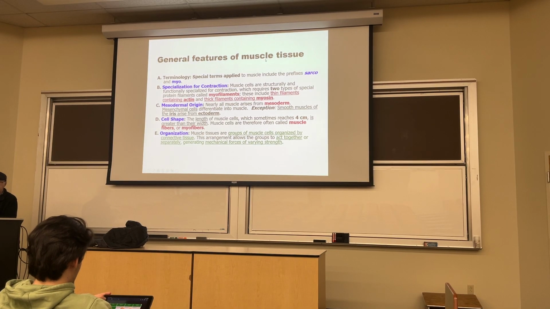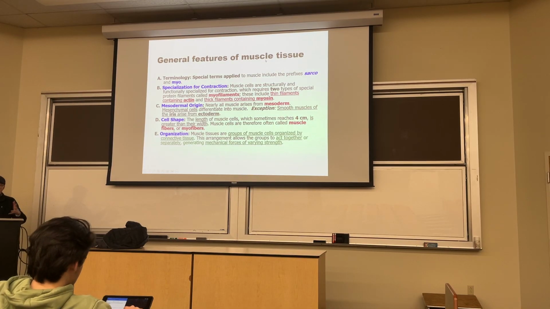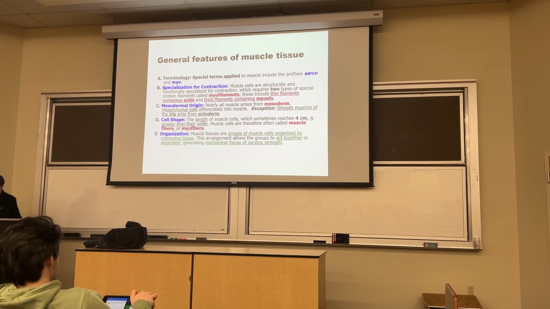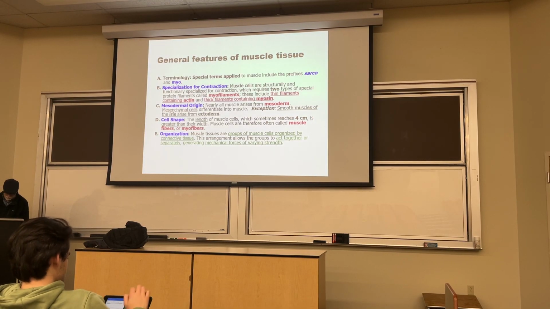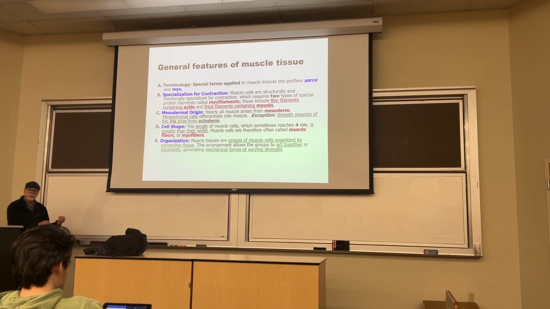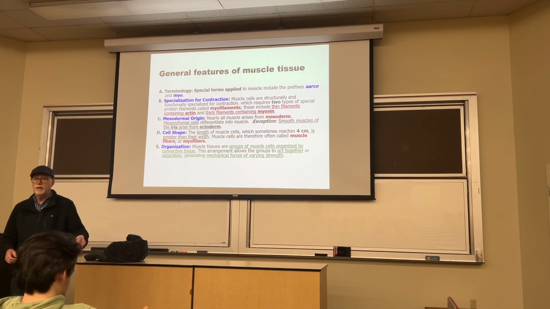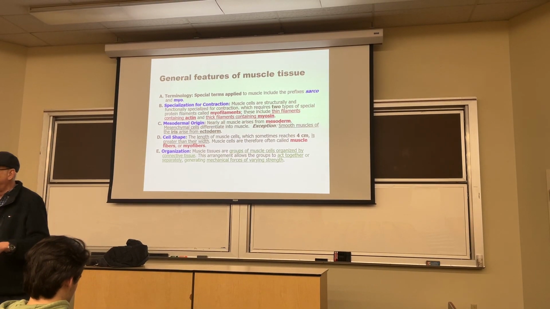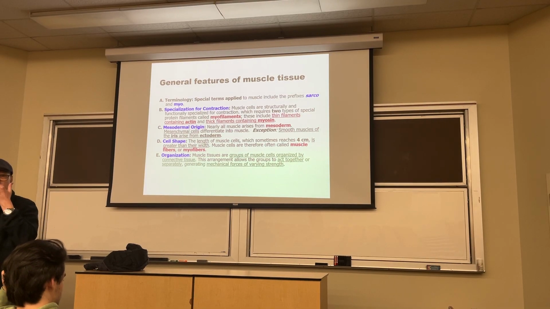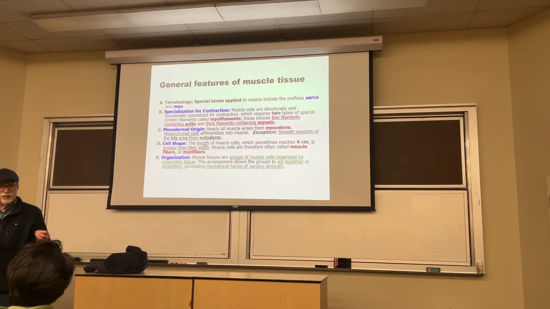When we look at muscle tissue, because the muscle cells are so long compared to most cells, we often use the term fiber synonymously with muscle cell. If you say there's a skeletal muscle fiber, you can very legitimately be calling that one cell. It's a fiber. Now that's a little confusing because in histology we have specific terms for fibers.